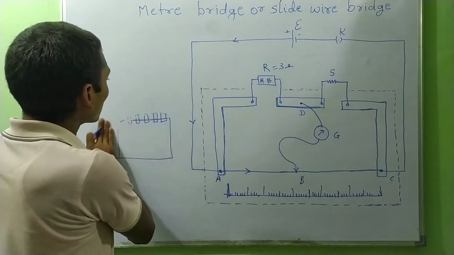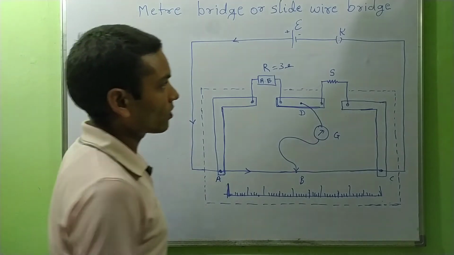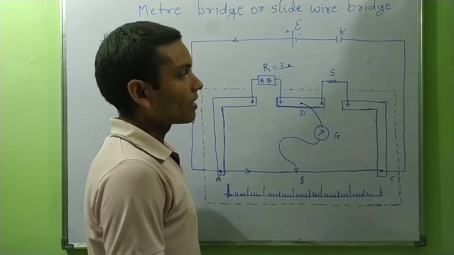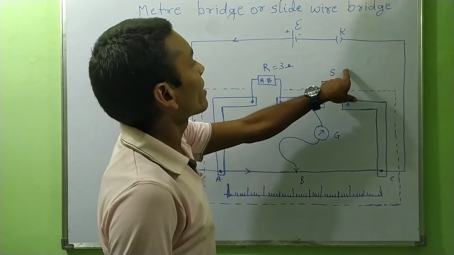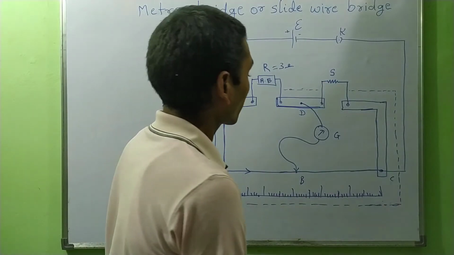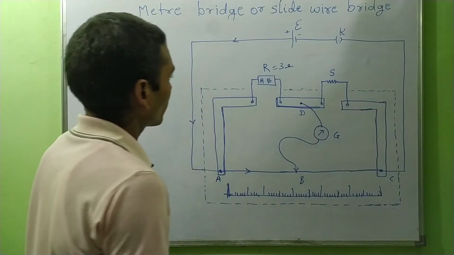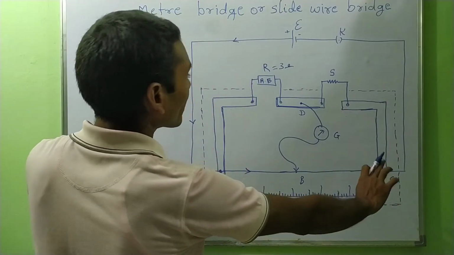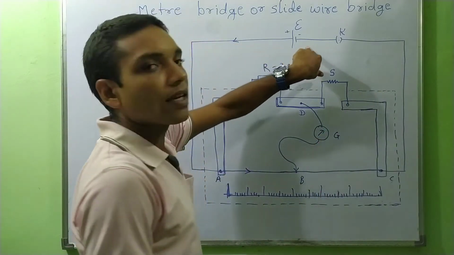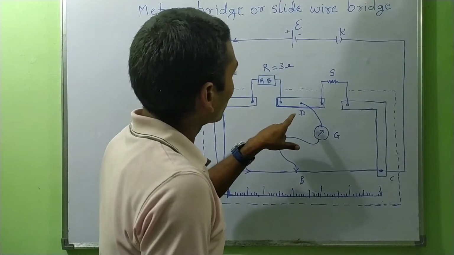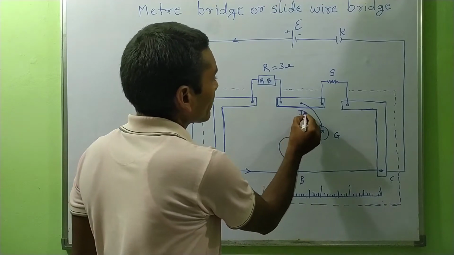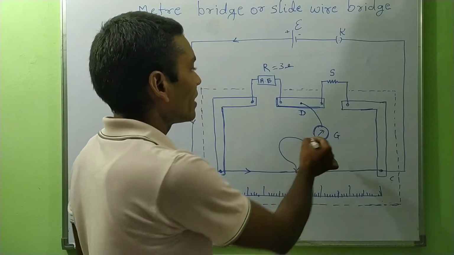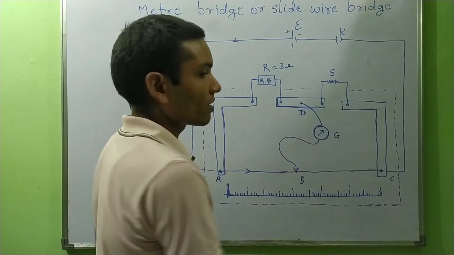Here you only have to know about the resistance box. In the other gap an unknown resistor is connected, whose resistance we have to find. Let this be point A and this be C. Between points A and C a cell is connected, and from point D a galvanometer is connected, and with the galvanometer a jockey is connected.